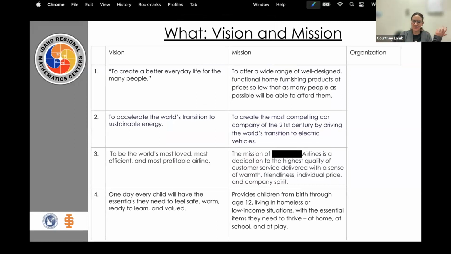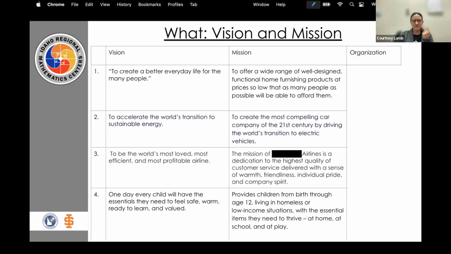So first, these are some visions and missions of some well-known companies and some that aren't as well-known. Let's just start by looking at number 1. It says vision: to create a better everyday life for the many people.